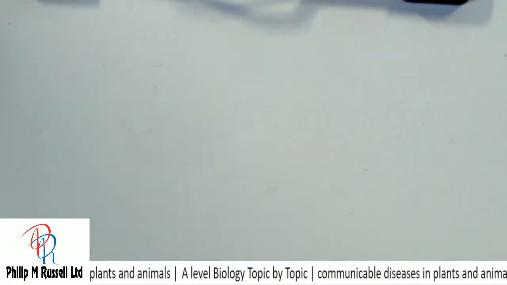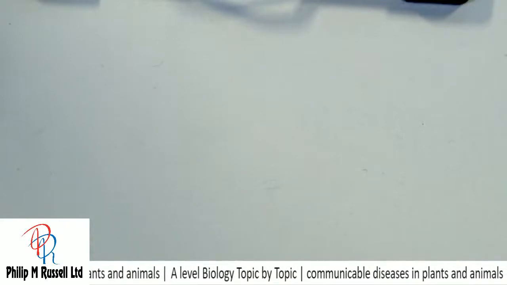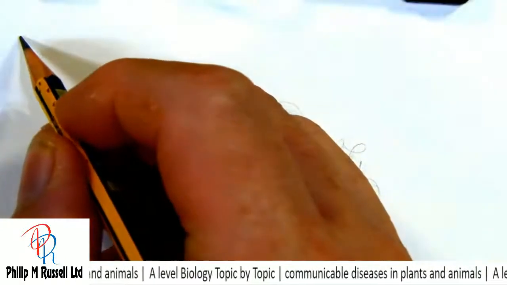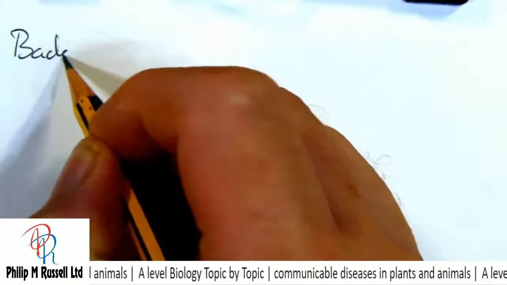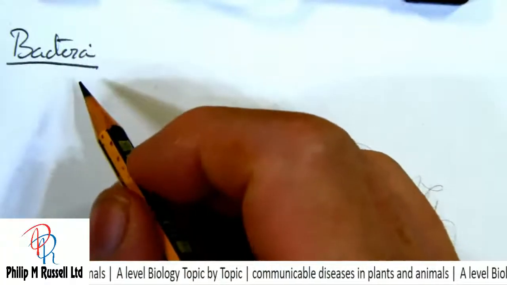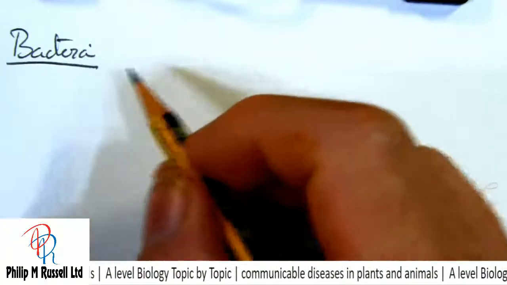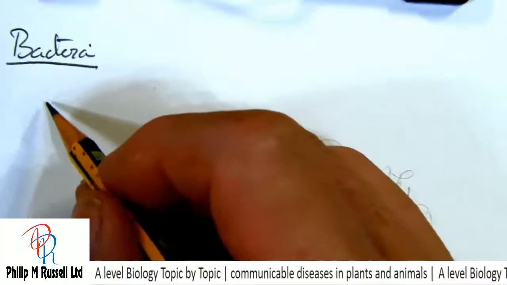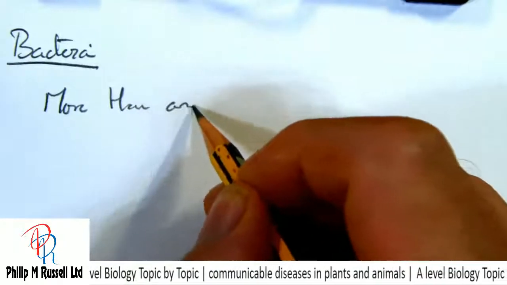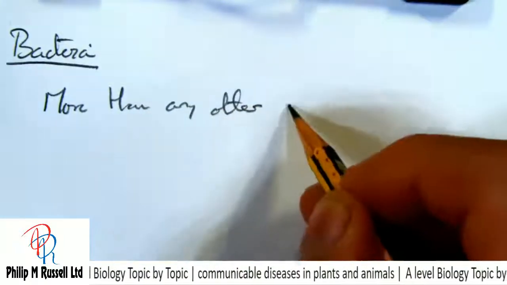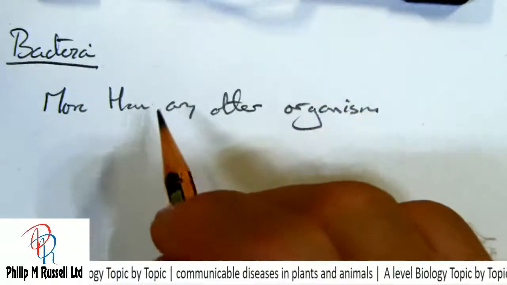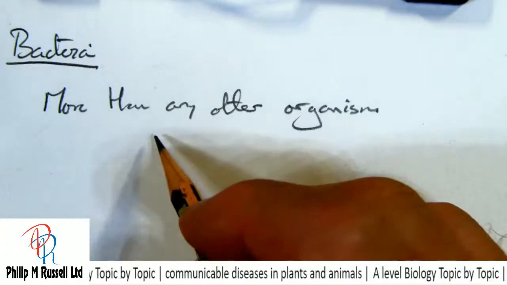So the pathogens that we need to consider are, firstly, and the most important I suppose, bacteria. There are probably more bacteria than any other type of organism, which is quite a frightening thought.